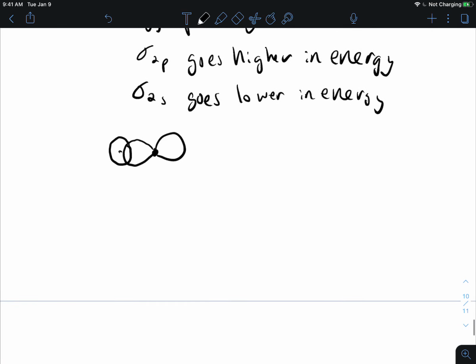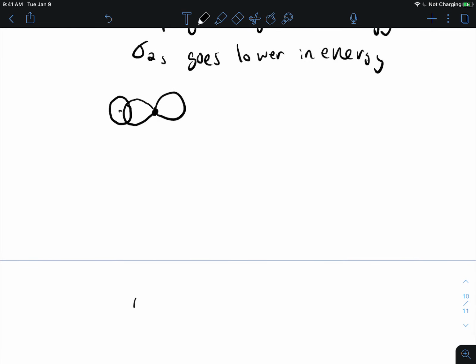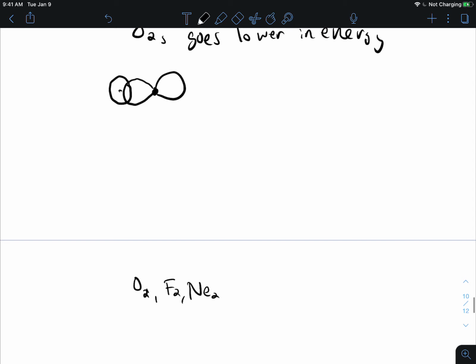But we will get for O2, F2, and Ne2, this will behave like we expect it, where we have our sigma 2s, and then we have our sigma star 2s, and then our sigma 2p, and our pi 2p.